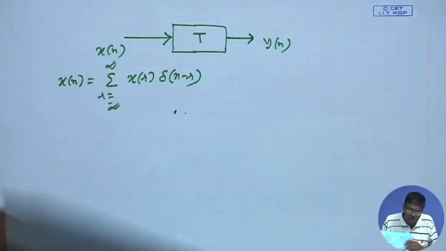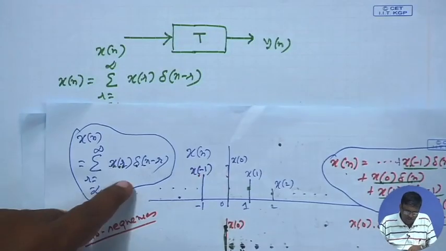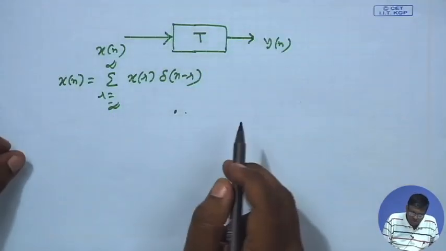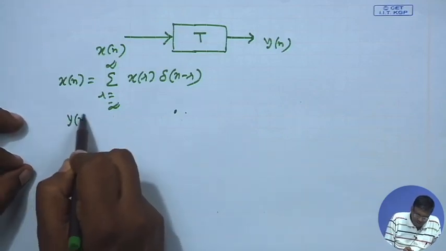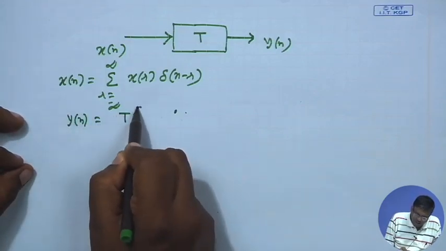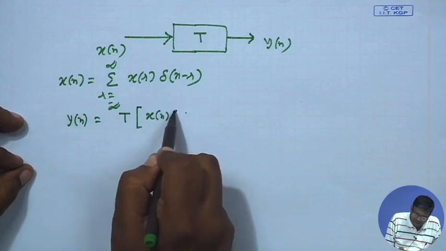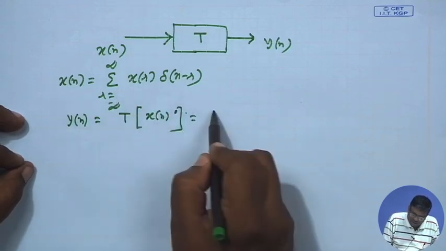So that is what I will be using now. The same thing I am writing here. So, y[n] is T working on x[n], right. Now, x[n] I substitute by this.